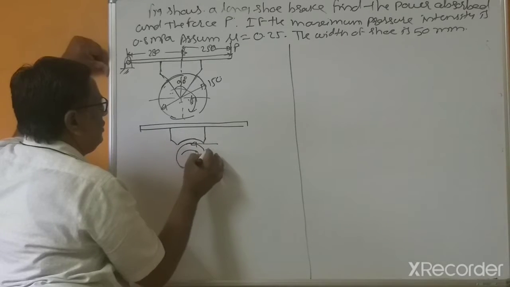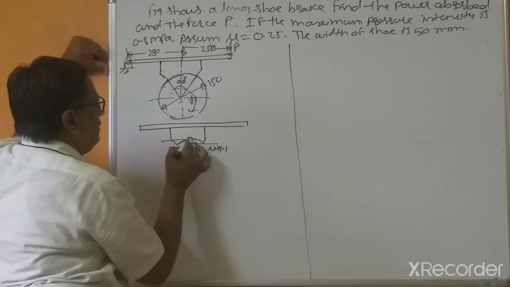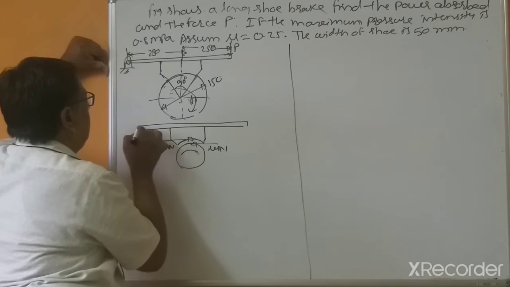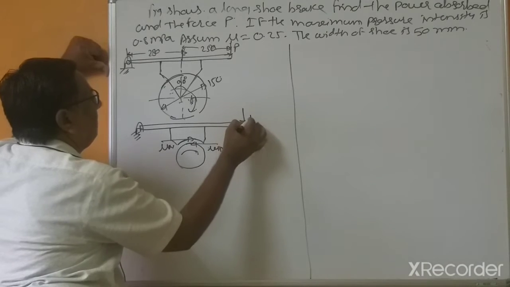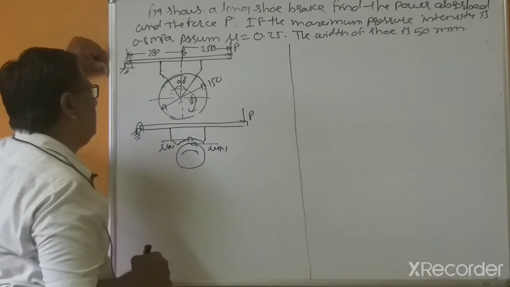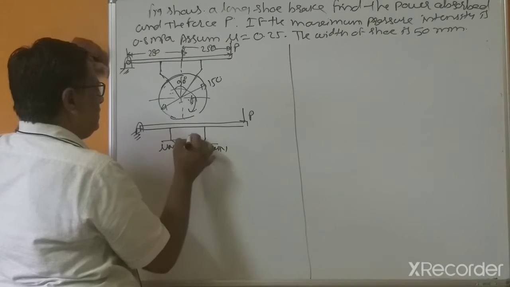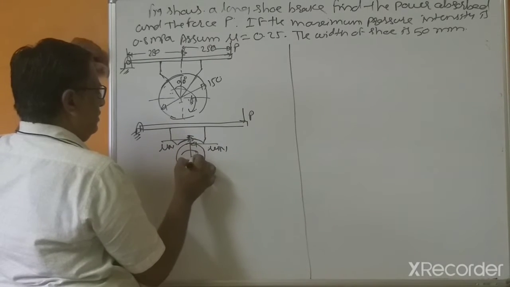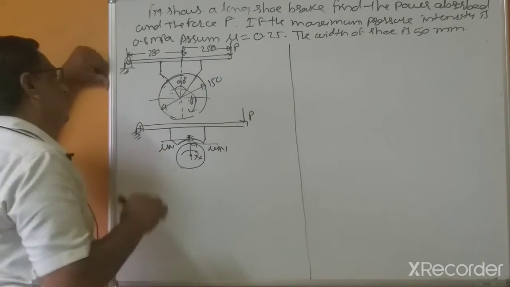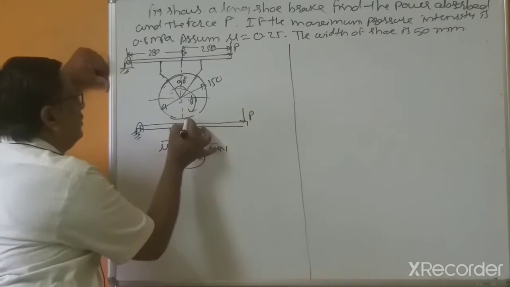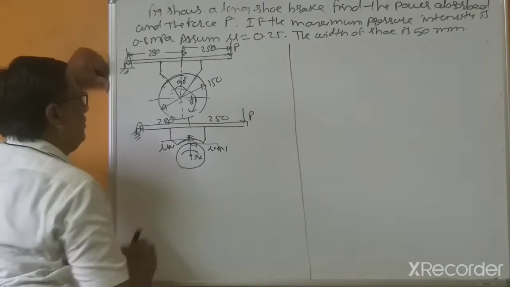So this is the friction force mu N, this is the pivot end, this is force P, and this reaction is N. Here this distance is 280 and this is 250.